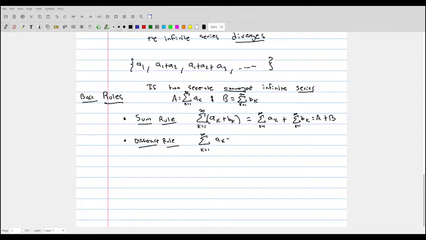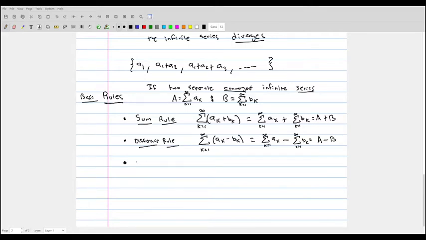It allows us to say that the infinite sum, if it exists or converges, of ak minus bk is the same thing as the infinite sum of ak minus the infinite sum of bk, which is just going to be the limit A minus B.